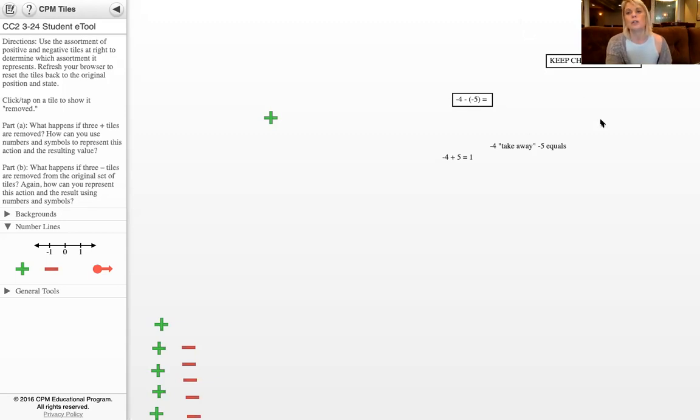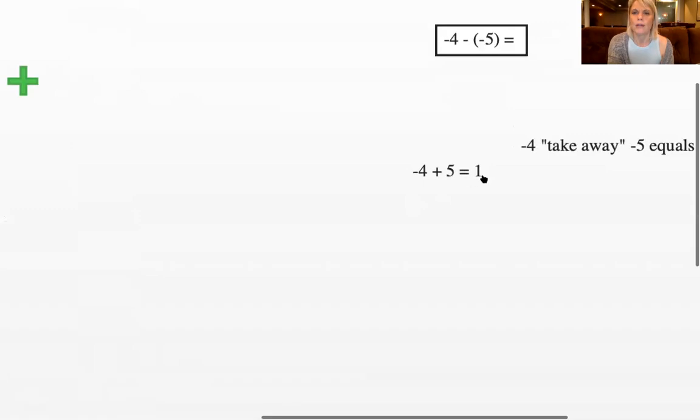Keep, change, change doesn't work with multiplication and division. Multiplication and division rules are different. It does work with addition, but you would never want to do that with addition, because it makes it a more difficult problem. Like if I have this -4 plus 5, I could use keep, change, change to bring it back to this.